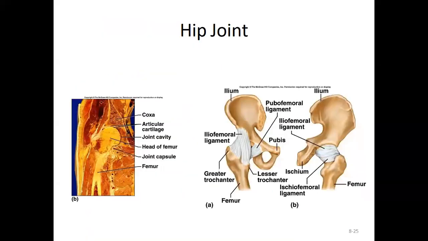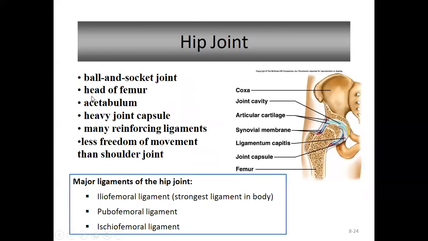So now at the hip joint, we have another ball and socket joint. So the head of the femur creates the ball. In the hip bone, this part of the hip bone is called the coxa. You have your acetabulum, which is the socket that the head of the femur sits in.